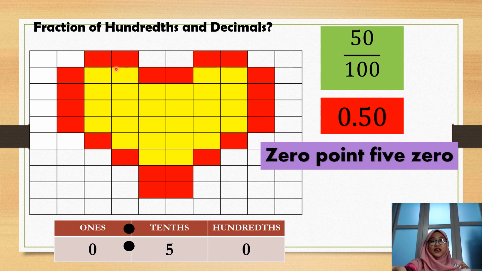There are 50 shaded parts out of 100. So, it becomes 50 over 100. And in decimal, we write it as 0.50 or 0.5.